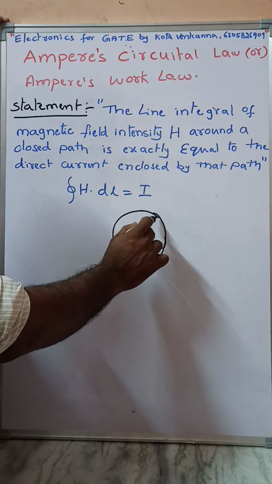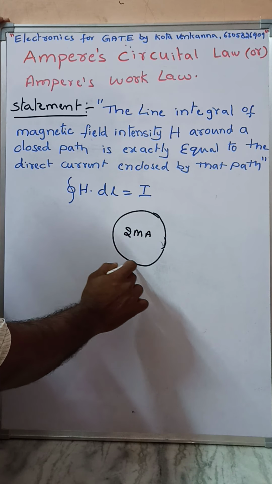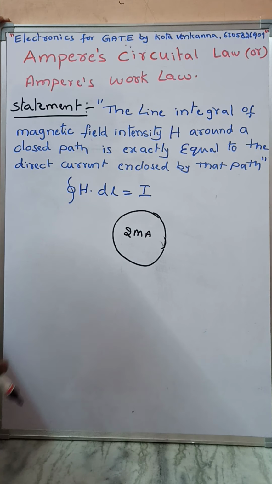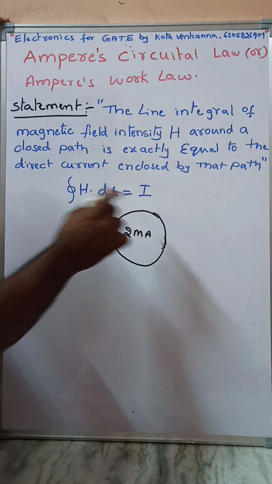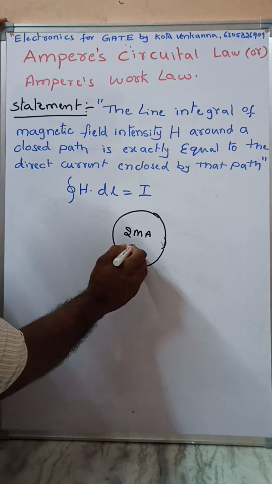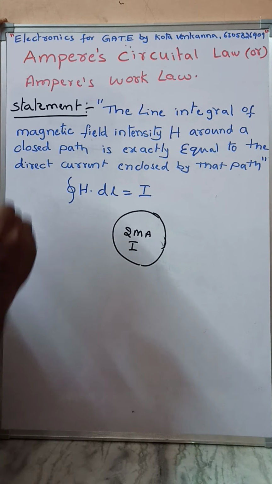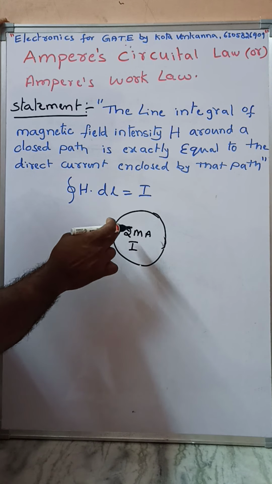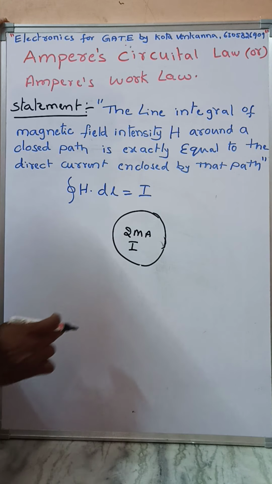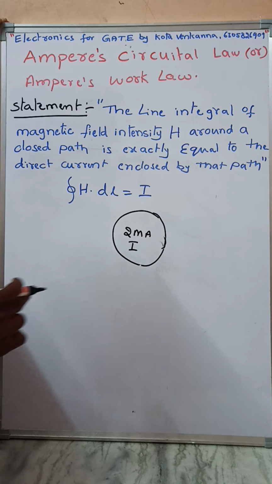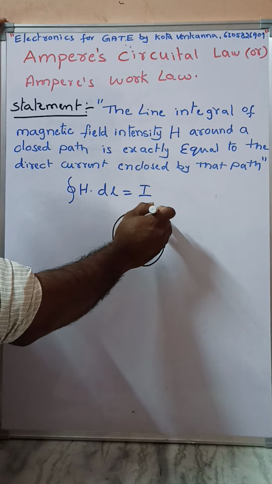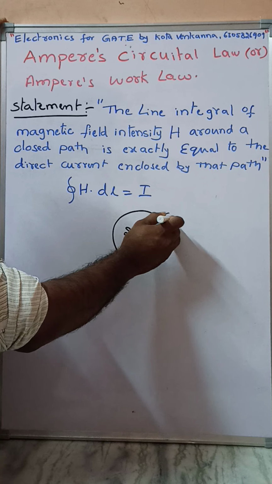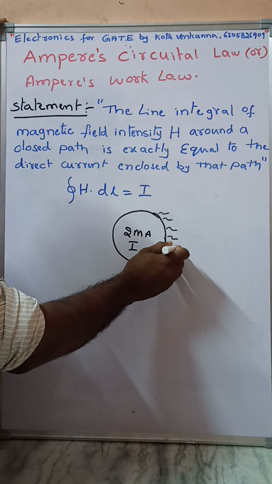In a circular path the current is flowing, enclosed in the circular path. The current I, for example 2 milliamps, is flowing, and it produces the magnetic field intensity outside, around the closed path.